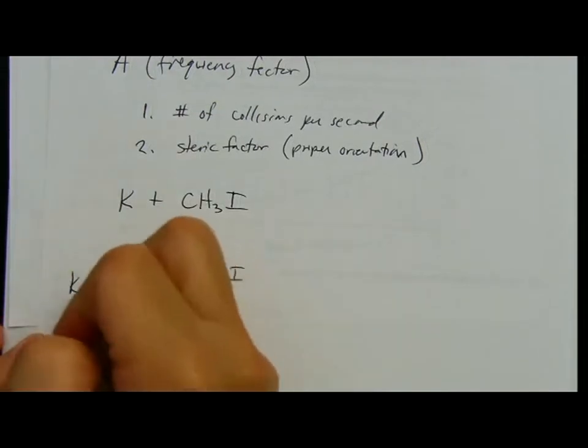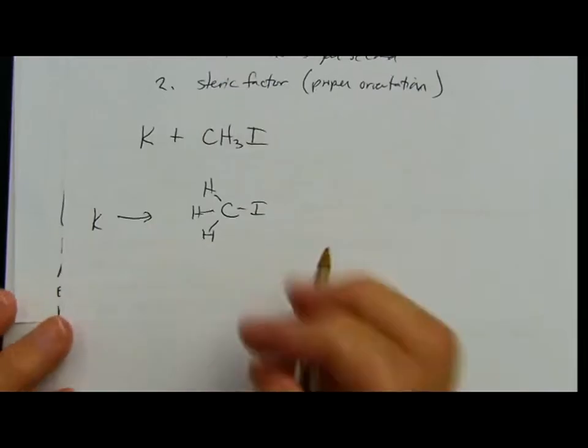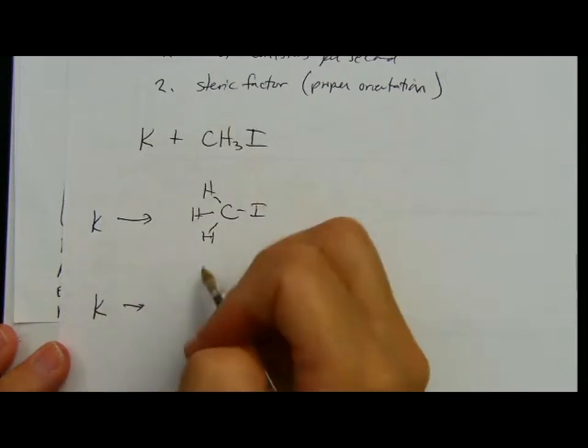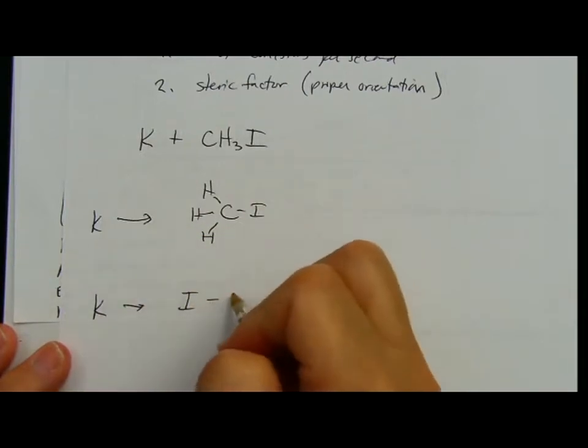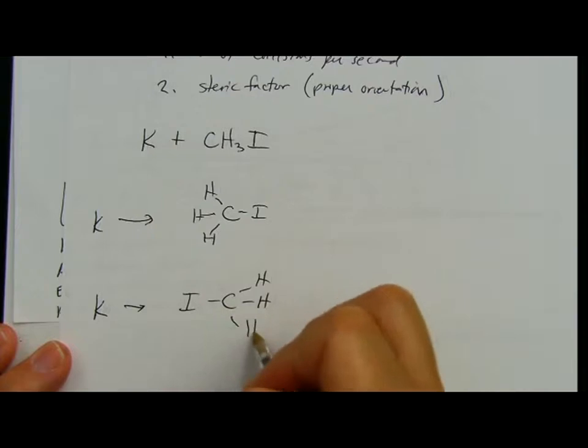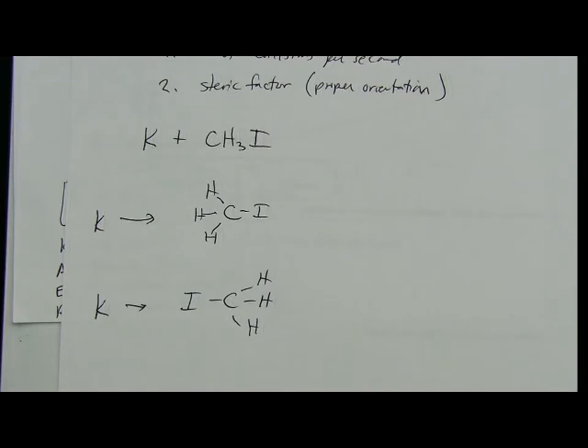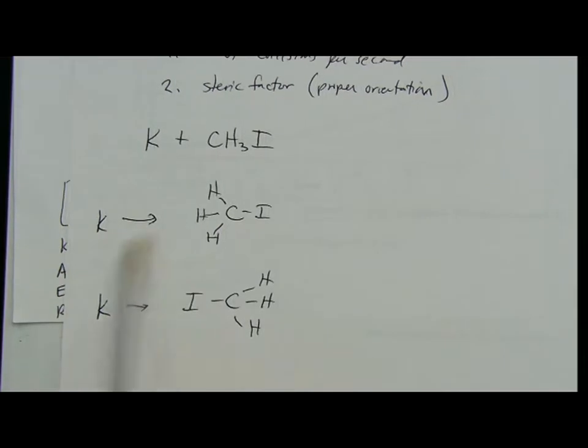When they shot the potassium ions at it, it turned out that a different amount would react compared to when you did it the other way. So you could orient it like that. When things collide, not only do they have to collide, but they have to collide at the right orientation. It turns out one of these caused reaction, and the other one didn't. So there's only a certain part of the molecule that when they collide actually results in a reaction. So anybody, you think it's the first one or the second one? Second. All right, it turns out it's the first one.